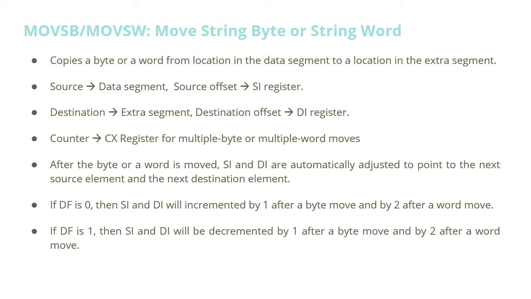That is, the base address will be in the DS register and the offset will be in the SI register. Similarly, the starting address of the destination location where the string has to be moved is given by the ES, that is extra segment register, and the DI, destination index register, pair.